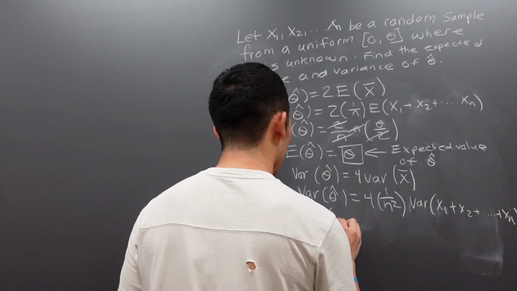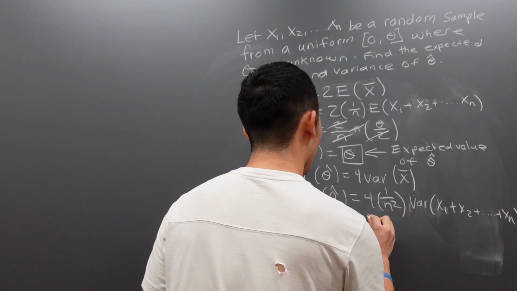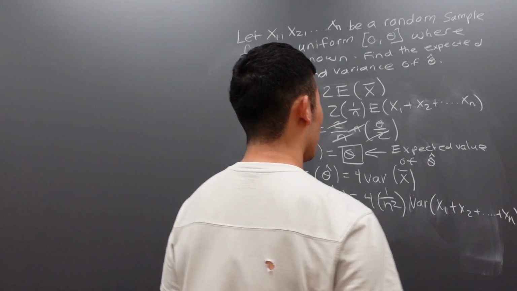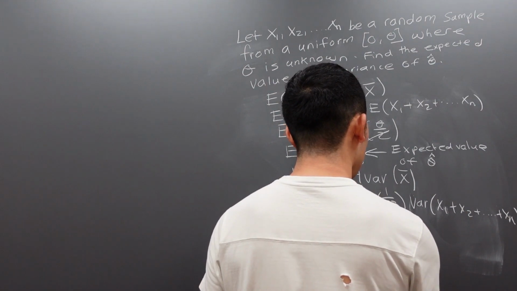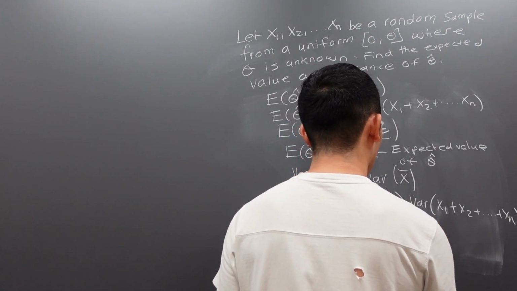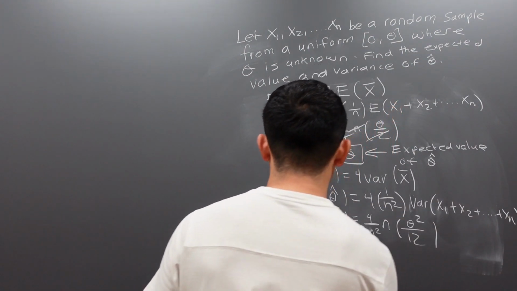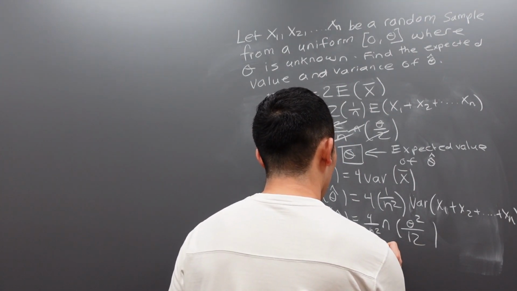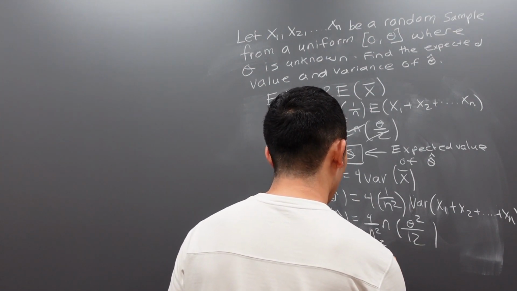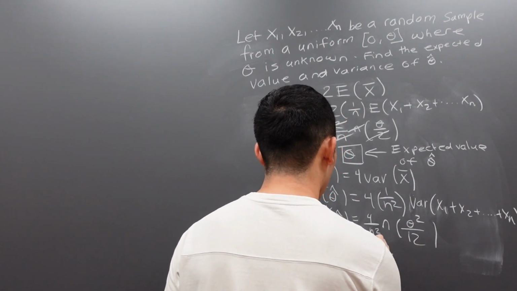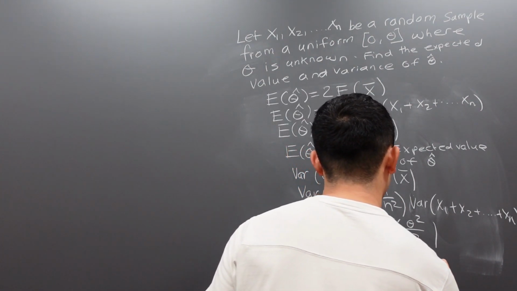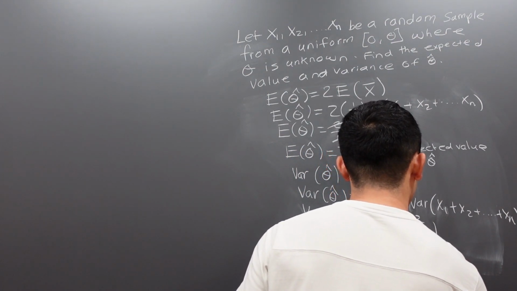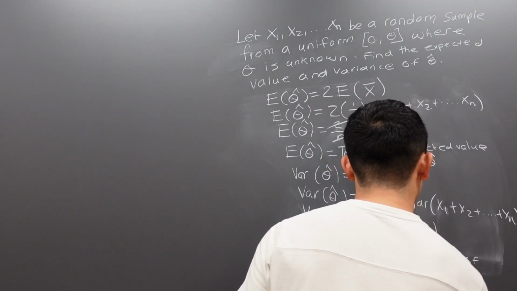Now this variance of theta hat is equal to 4 over n squared times n times theta squared over 12. And the variance of theta hat would be equal to theta squared over 3n. So this is the variance of theta hat.